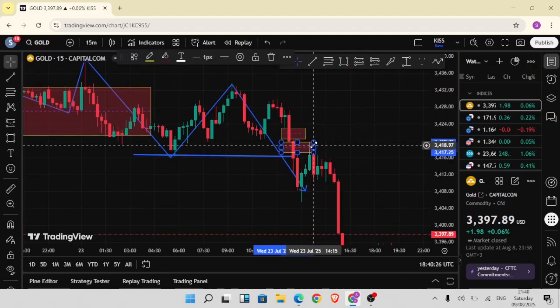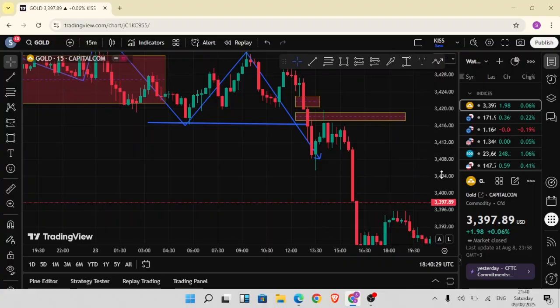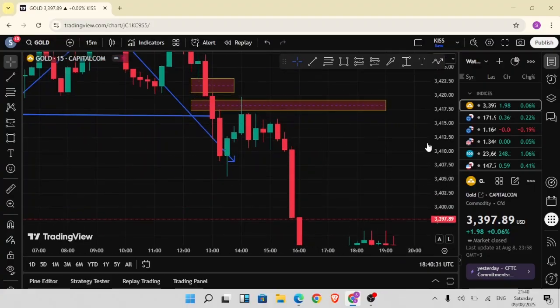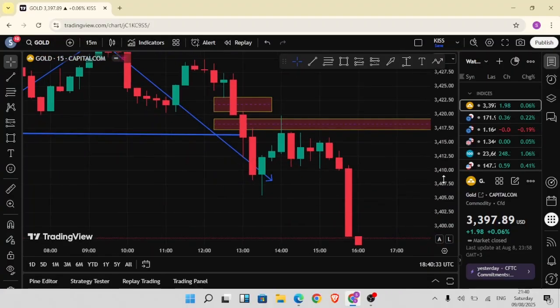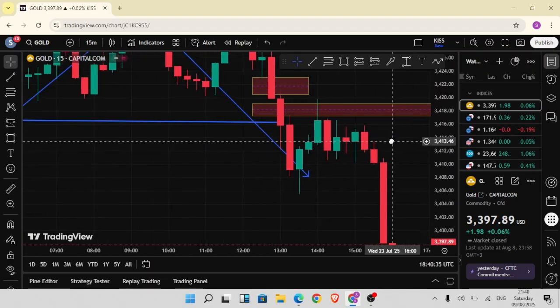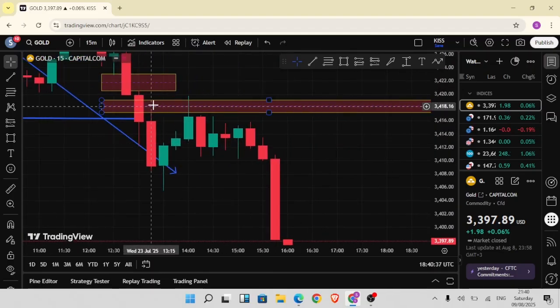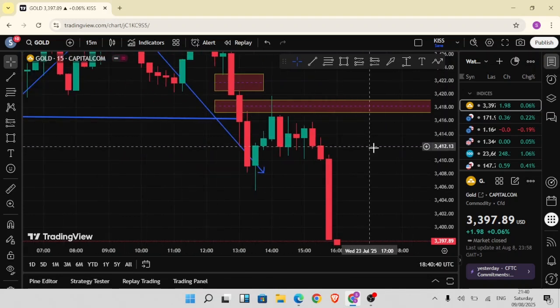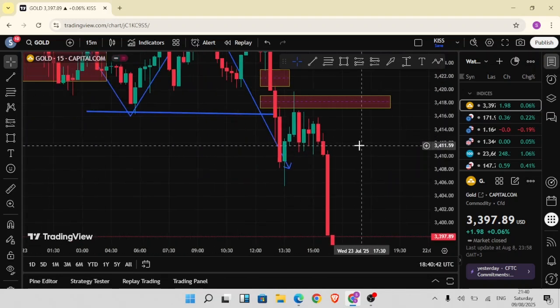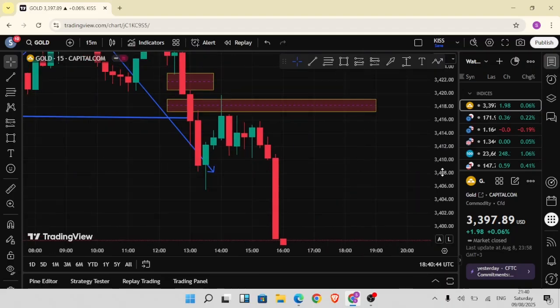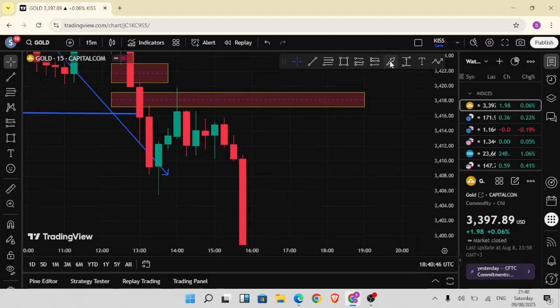Now you'll notice this second one is where price reacts off of. Now as I have said, price will always react off fair value gaps. The moment price reacts off these fair value gaps, that is your confirmation, another layer of confirmation that price is going to drop, right?